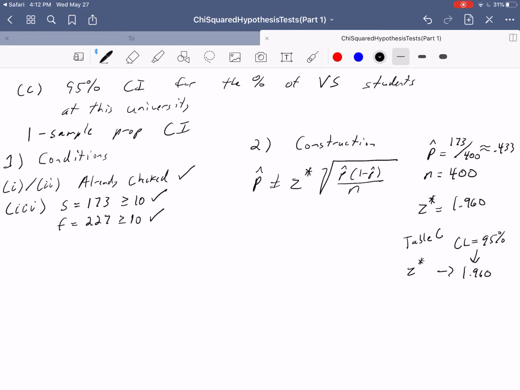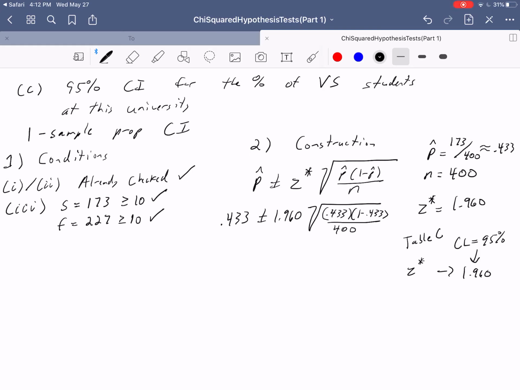Okay, let's throw everything in there then. 0.433 plus or minus 1.960 times the square root of 0.433 times 1 minus 0.433, divided by 400. We'll go ahead and get that margin of error first. So 1.960 times the square root of 0.433 times 1 minus 0.433 divided by 400.